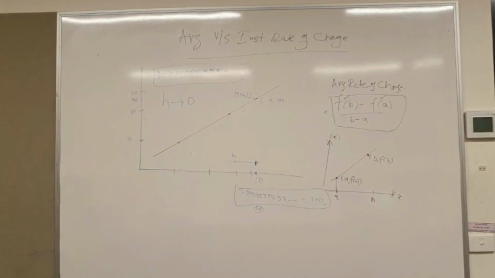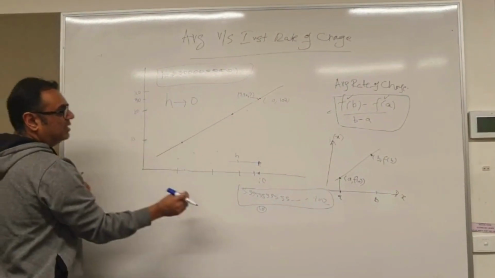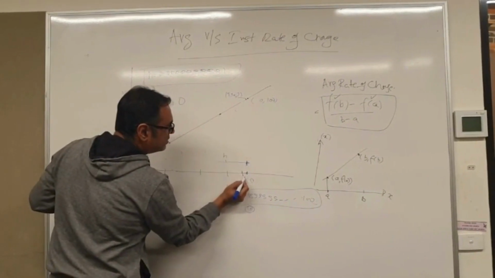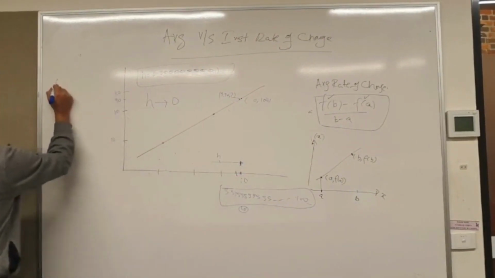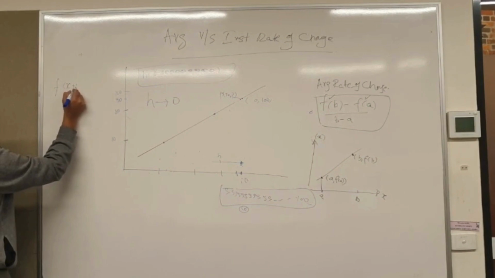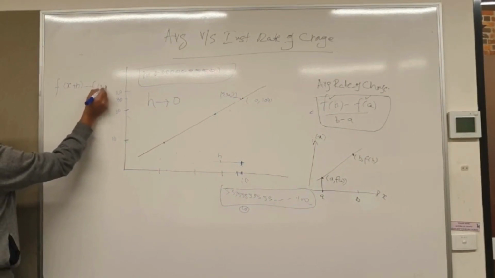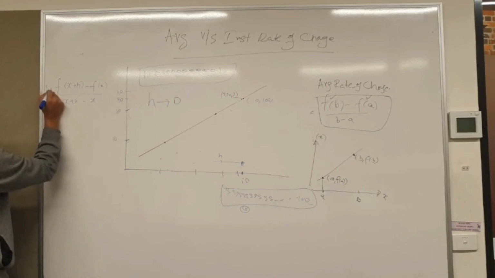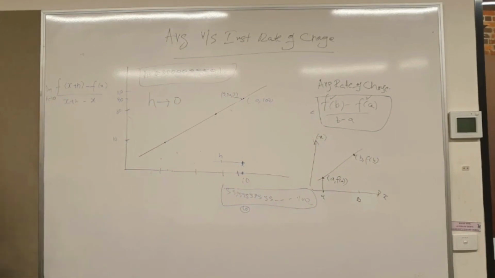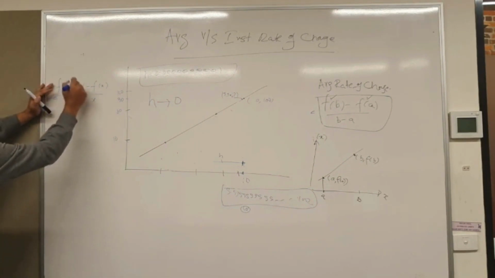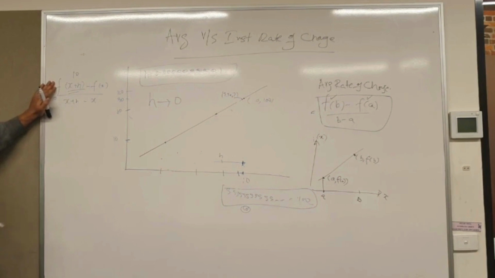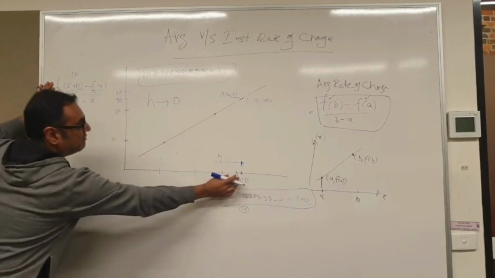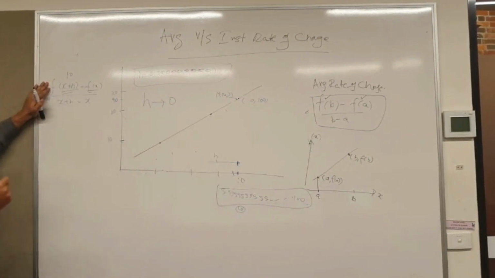So now the 2 points give f of x plus h minus f of x over x plus h minus x, limit h approaching 0. This is the slope. This was 10, and this was that point which was getting very, very close, right?